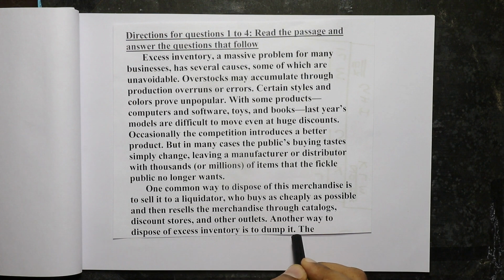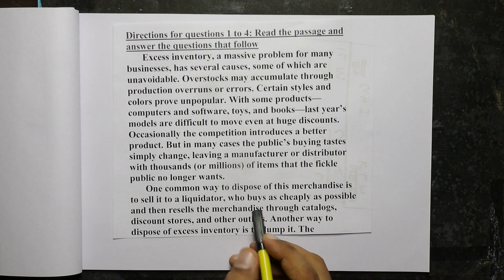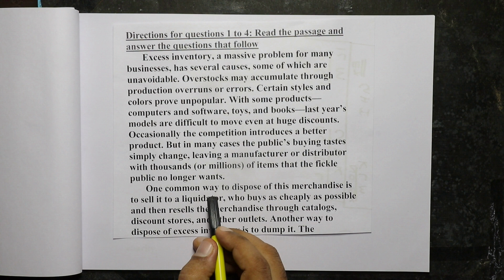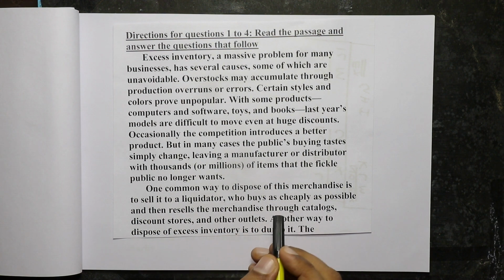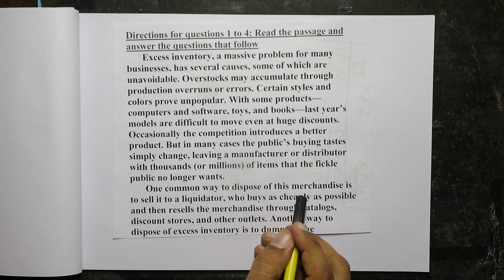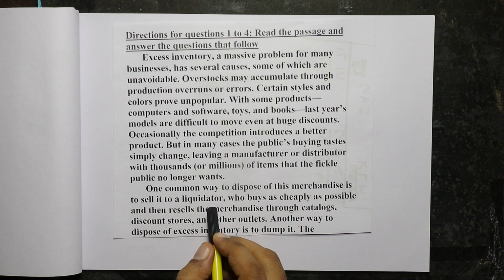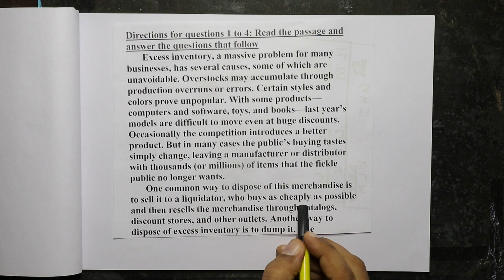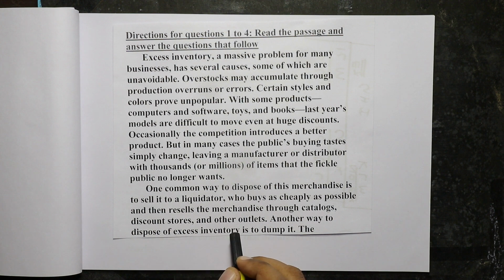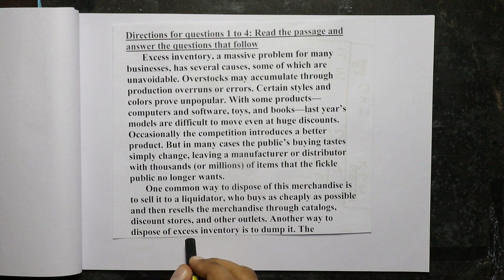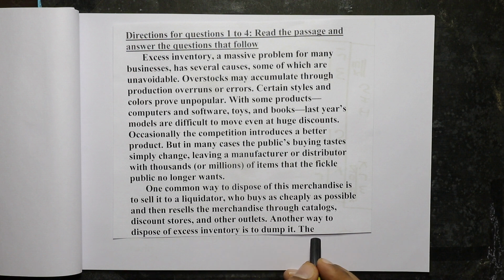The second paragraph talks about the ways to dispose of this excess inventory. They are not able to sell it, so how can they dispose of it? Now, one way is to sell it to a liquidator who will buy as cheaply as possible and resell it through catalogs and other discount stores. Another way to dispose of excess inventory is to dump it.